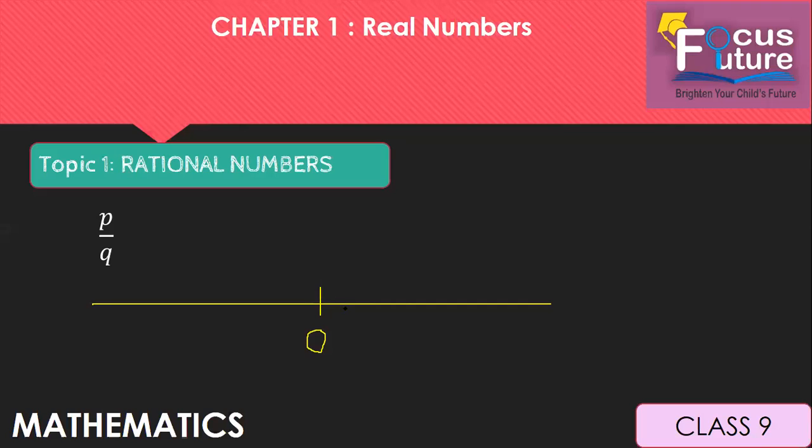So this is our number line, 0 in the middle and positive integers, that is 1, 2 and 3. These are on the right hand side. So right hand side we have positive numbers, right? And on the left hand side of 0, we have negative numbers.